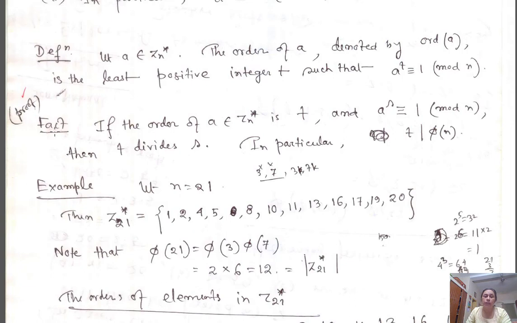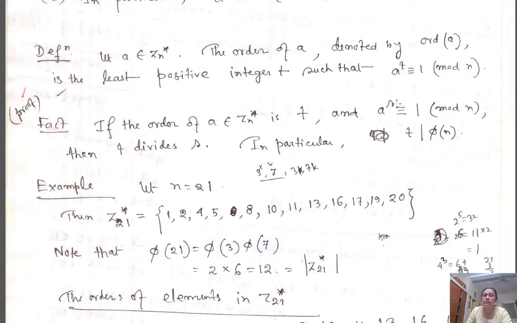So it can be shown that this order t is a divisor of phi n. In a next fact, if t is the order, and for any s we have a to the power s congruent to 1 modulo n, then this s has t as a factor.